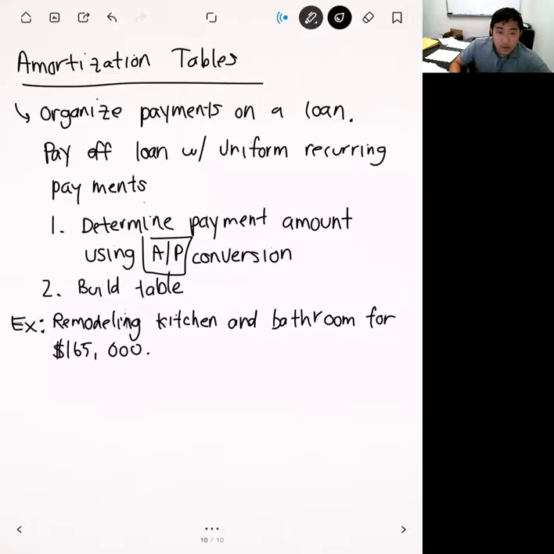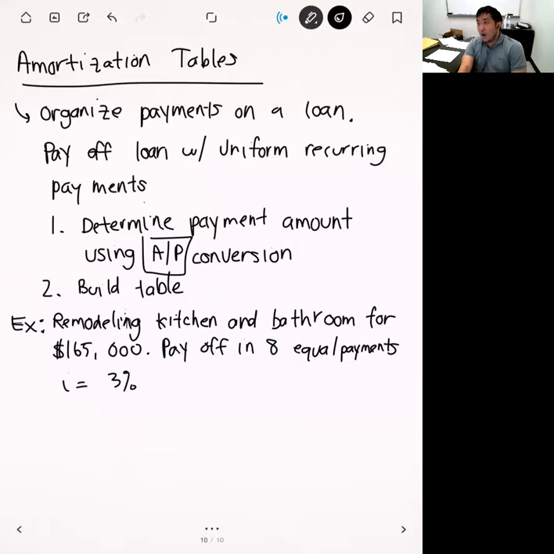All right. And so in this case, we're going to pay off this loan in 8 equal monthly payments. Okay. With an interest rate of 3%.